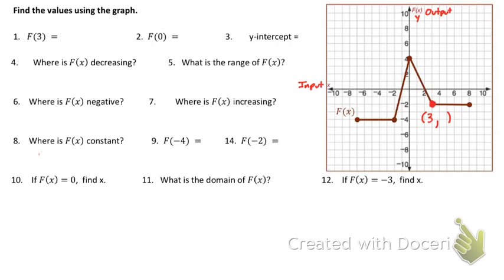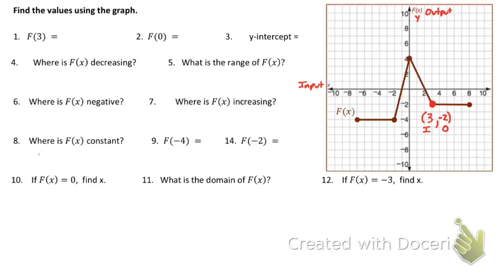Then, once we go over 3, we are going down. So down -1, -2, and that gives me this point. So we are on my output axis. So that is my -2. So essentially what we have here is our input and our output for our function.